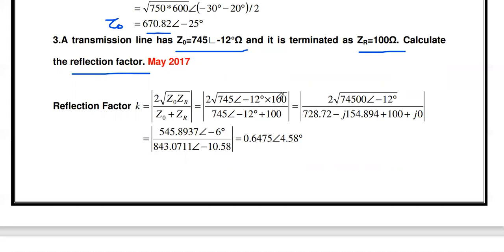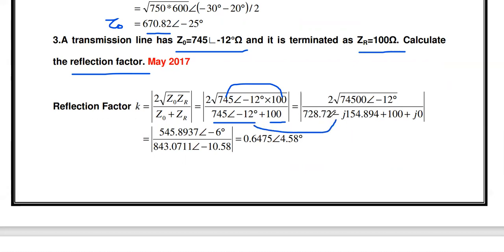So in the numerator you multiply 745 with 100, giving 74500 with angle minus 12. In the denominator, since it is polar, you convert to rectangular, and then we can add.